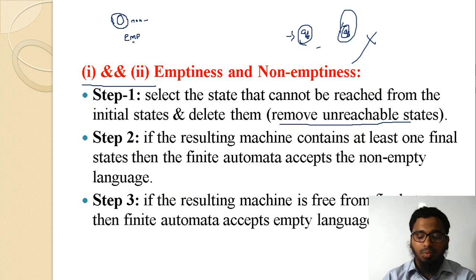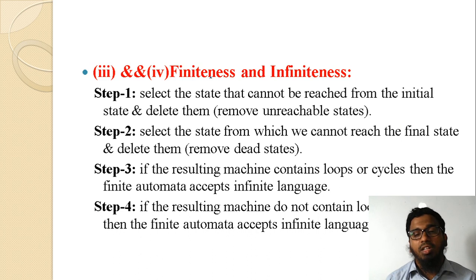So this is emptiness and non-emptiness. When will it accept the empty language? When it is free from final states, meaning no final state is defined. When will it accept the non-empty language? At least one final state should be there.